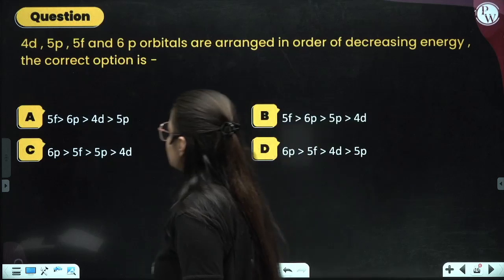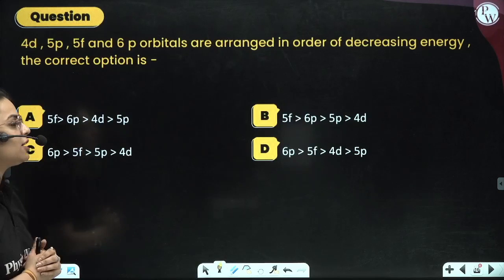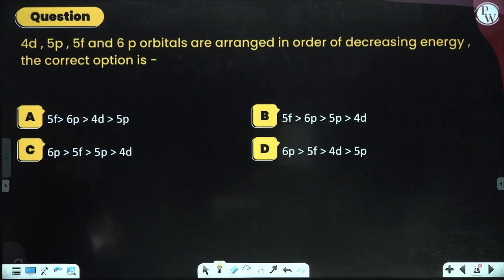The next question is, 4d, 5p, 5f and 6p orbitals are arranged in order of decreasing energy. You have to tell the correct option.